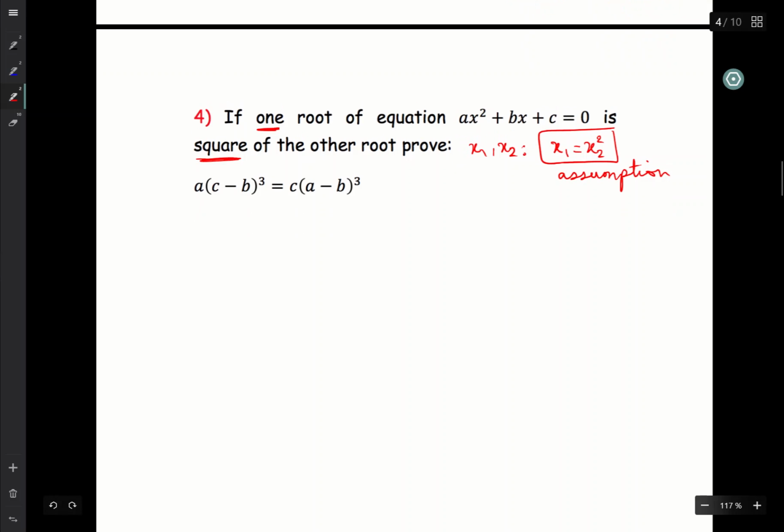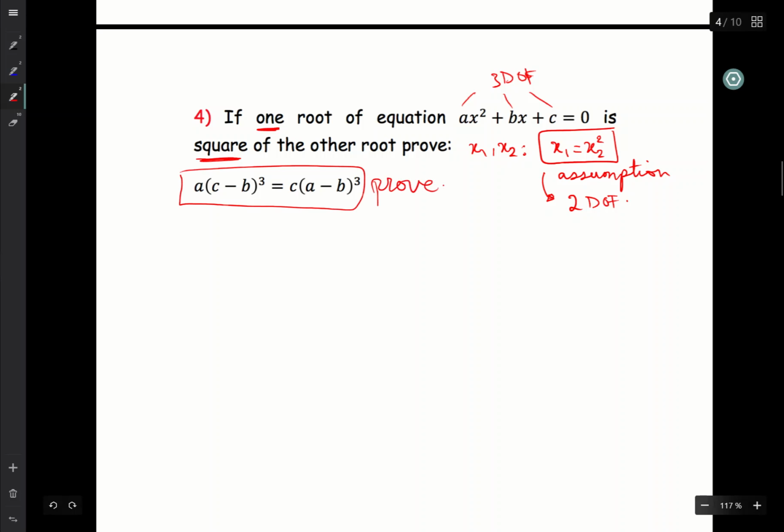Again, we have 3 degrees of freedom, and when we give a relation between the roots, we remove 1 degree of freedom, so we end up with 2 degrees of freedom, which means that there should be a relation between a, b, and c, such that if I plug in some numbers for 2 of them, the third one can be calculated from that equation. And we want to basically prove this, right?